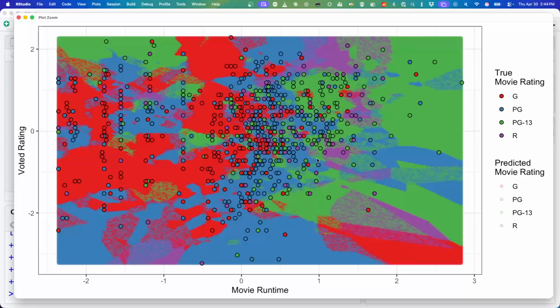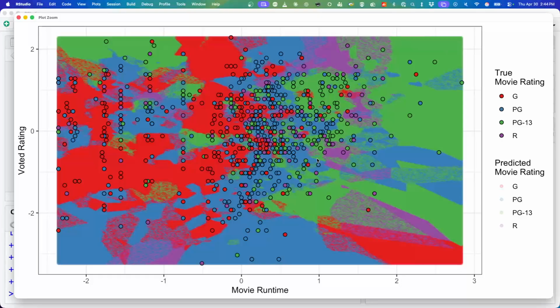I'm not sure if the question is appropriate for this lecture, but why do we have the R color in the background this time and we didn't have it last time? Yeah. In the models that we ran, MNL and LDA, because they're only allowed to have linear dividing boundaries between our decision points, it just so happens that the R rating is never the most prominent outcome.